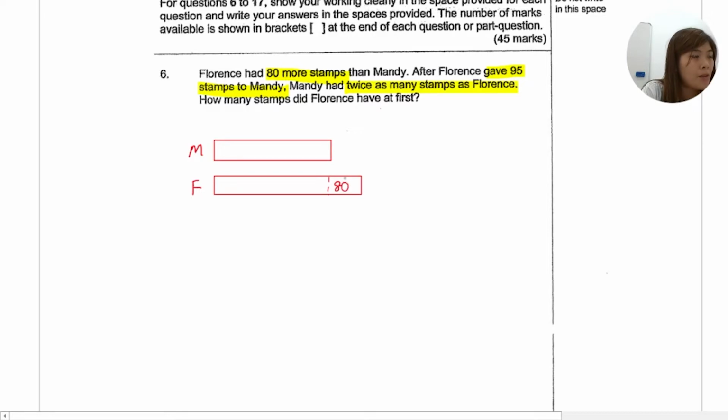80. After Florence gave 95 stamps to Mandy, so I give 95 here. Let's say this whole thing is 95.